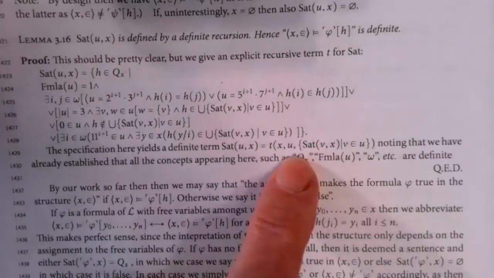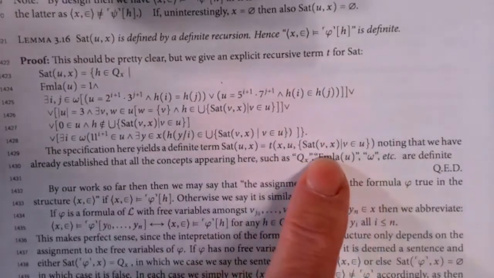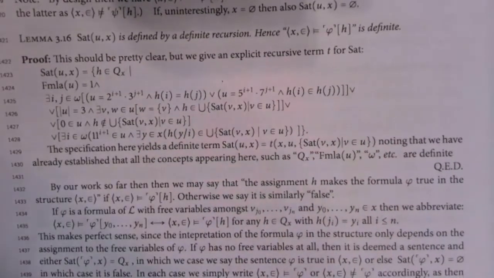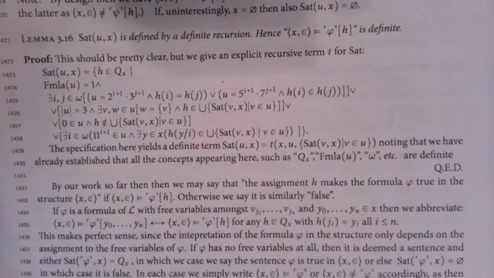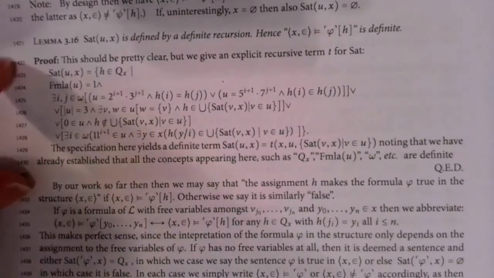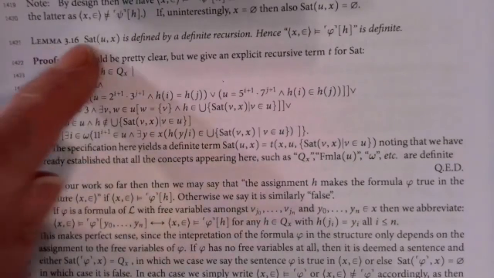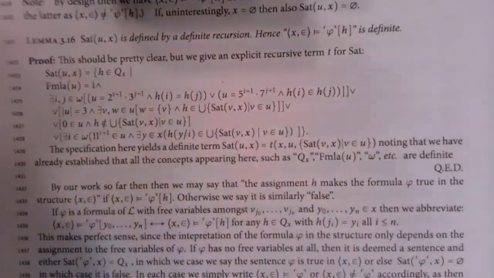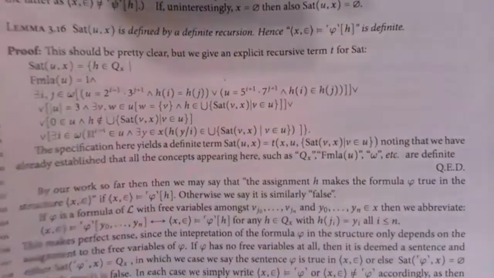applied to x and u, and the sat vx is for v and u. So one could spell all this out in glorious detail, right? But I don't think this is particularly worth it. So we'll skip this proof here and just assume, we'll take it, that we know that sat ux is defined by definite recursion.